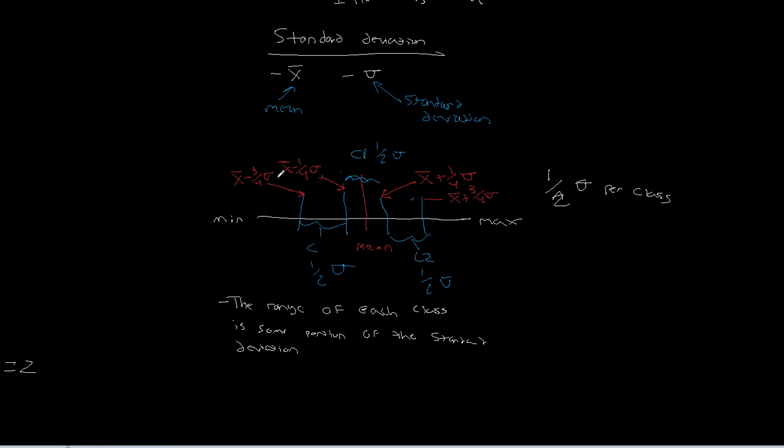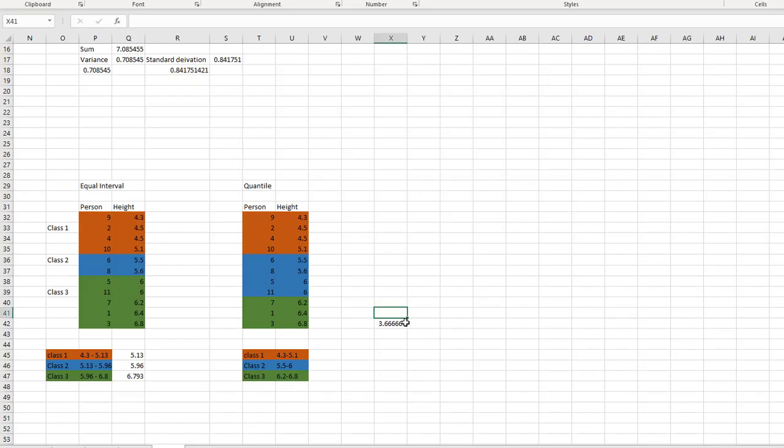So let's go ahead and try to figure out how we would implement this in practice, given that the idea is we have the mean at the center, and then we're going some amount of standard deviations away from the mean. So let's pop up our Excel sheet here.